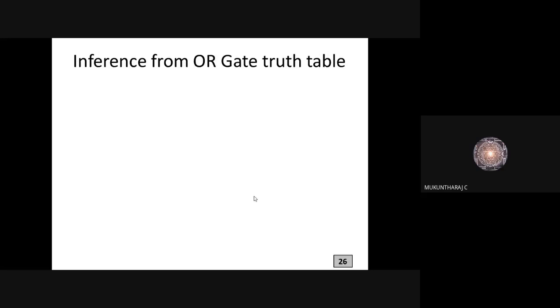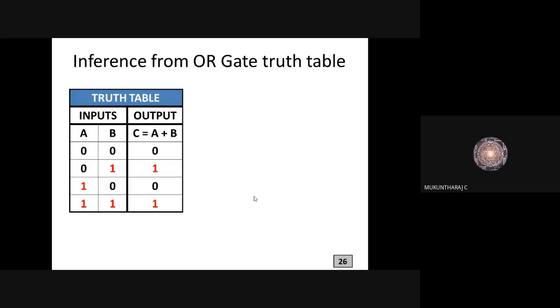Similarly, you can also infer something from the OR gate. So this is the first inference from the OR gate. Here A plus 1 will give logic 1 as the output. If one of the inputs is logic 1, whatever the second input may be, the result will be logic 1.